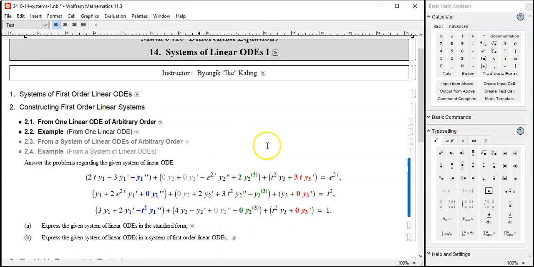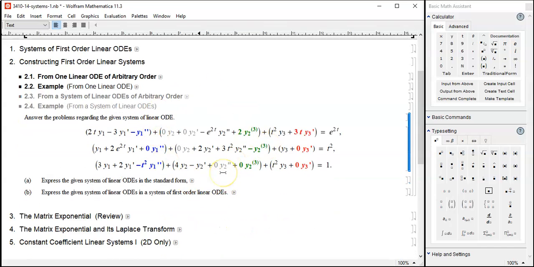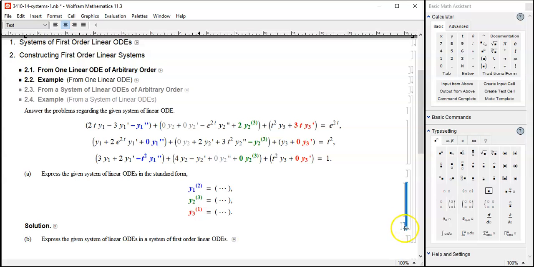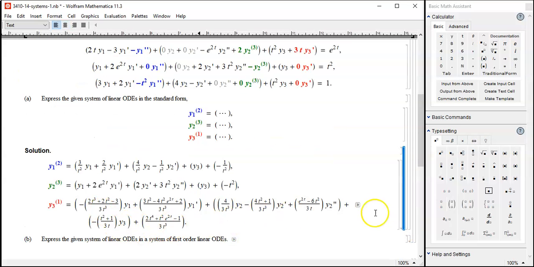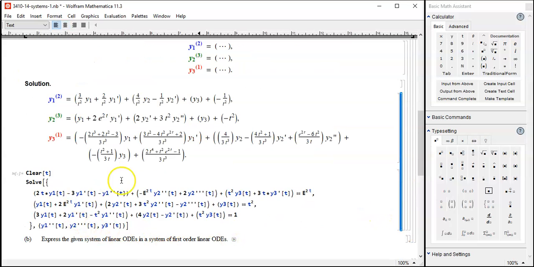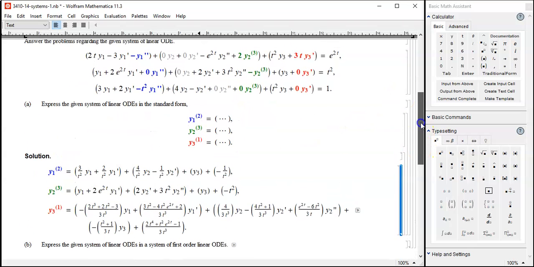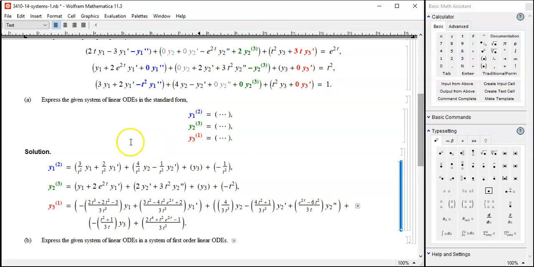Okay, the original system here, an example I just created, expressed in the standard form. So solve for y1, y2, y3, all those final derivatives. And then I just use Mathematica commands to get these expressions done. In any case, they are possible.